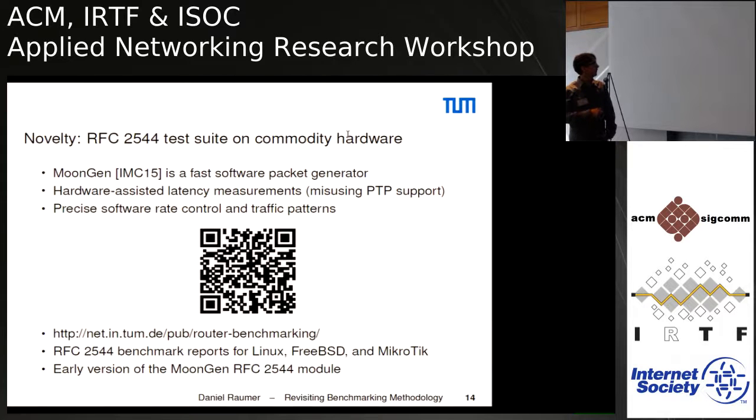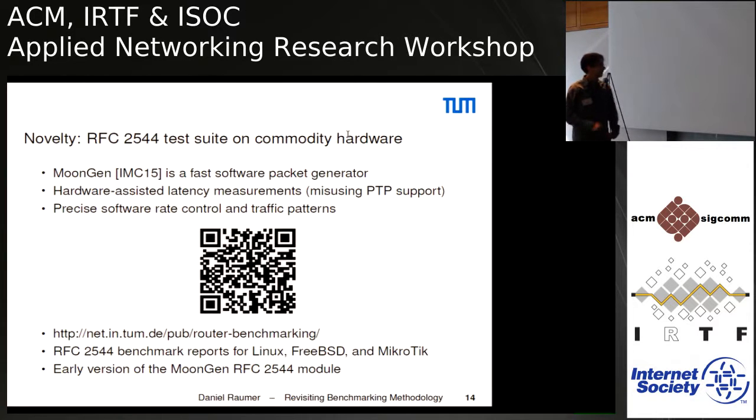We can do exact latency measurements by misusing the Precision Time Protocol feature that network cards support, and then we get precision of less than 10 nanoseconds. And MoonGen has other clever tricks, for instance, to really produce exact traffic patterns that really work, where other software packet generators fail. So we can benchmark software on commodity hardware with software on commodity hardware.